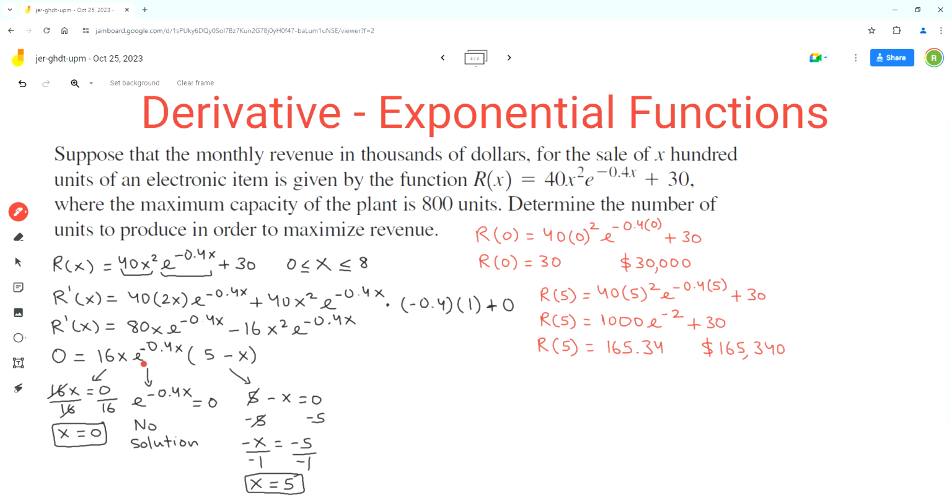Now we can use the x value equal to 8. So we can evaluate 40 times 8 squared, which is 2560, and then e to the power negative 3.2.